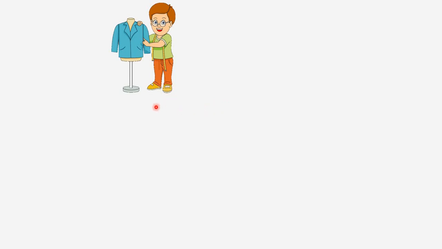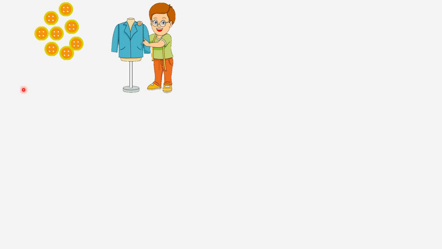Here's Tailor Tom. He has 8 buttons and he wants to arrange those buttons on the blazer. And he has to arrange these buttons in a manner that all the buttons are arranged in equal number of rows or columns. So can you help him out?